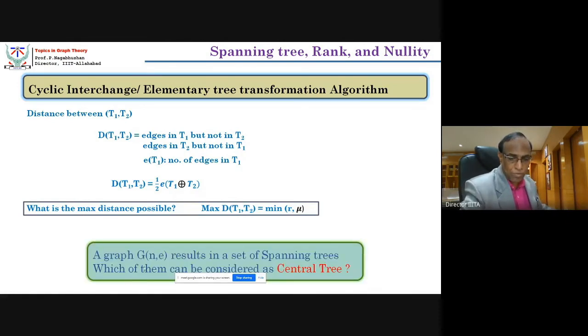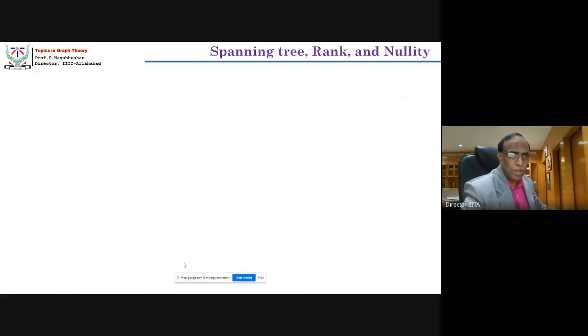So when a graph has a set of spanning trees, which one of them can be considered the central tree? As I just told you, the one which maintains smaller distance with all other possible trees. It is quite a big search algorithm, but anyhow, writing code is not a big issue for this. Okay, all right.